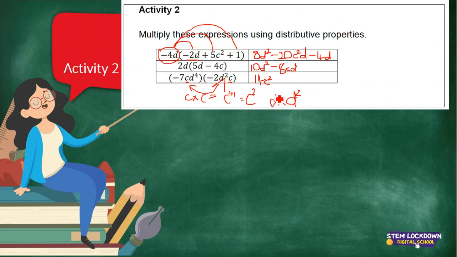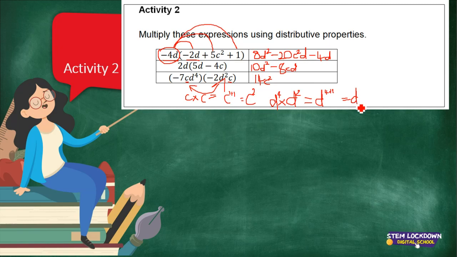Where does this come from? There's d to the power 4, there's d to the power 2. So your answer will be d, and in this case obviously the bases are the same. So what do we do to the exponents? According to the rule, we add. So it will be 4 plus 2. What is 4 plus 2?